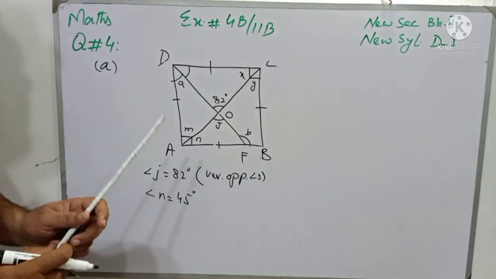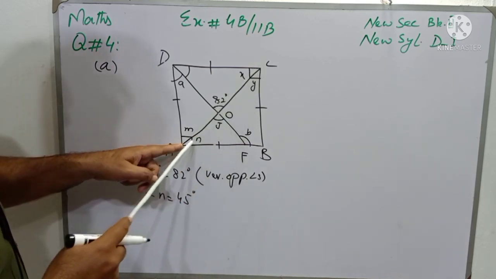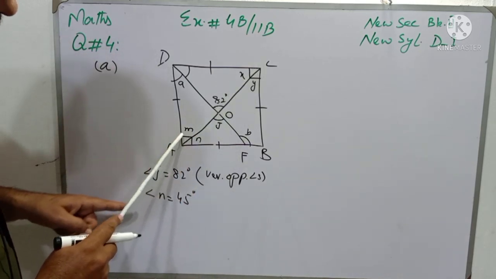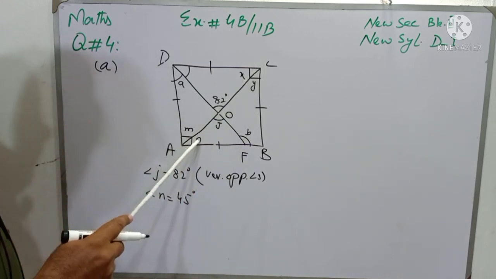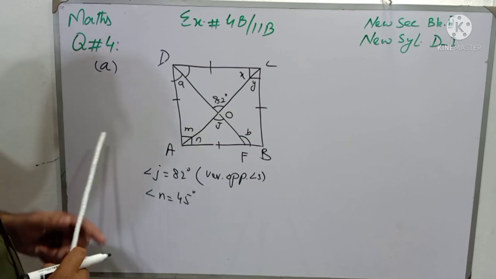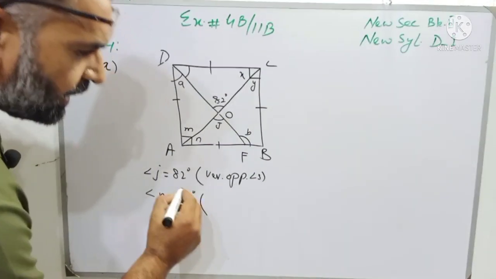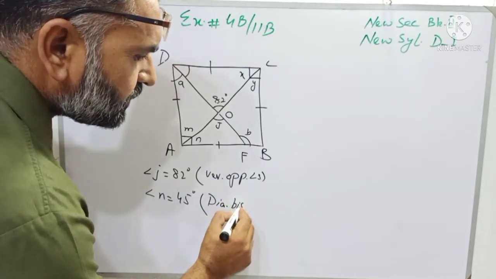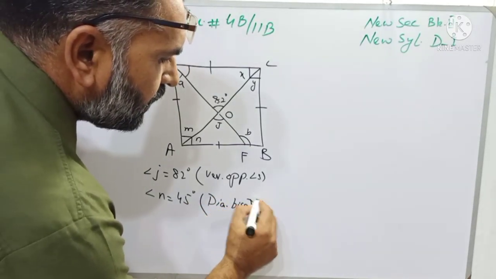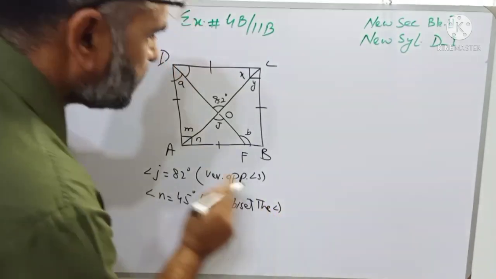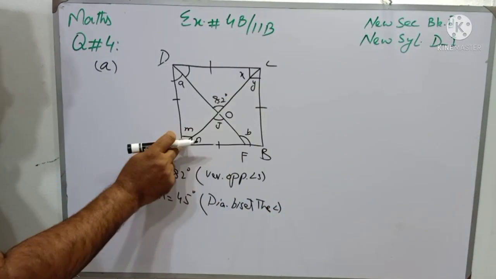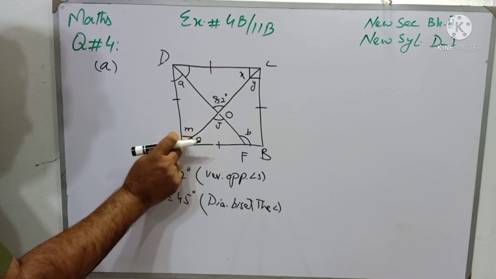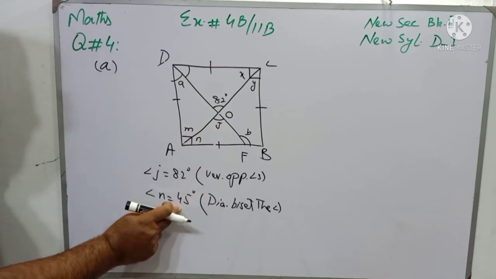As earlier I have explained that the diagonal of a square bisects the angle, so angle A is a right angle and angle N will be 45 degrees, and it is written as diagonal bisects the angle. So students, each angle of a square is a right angle, so the bisection of 90 degrees is 45 degrees.